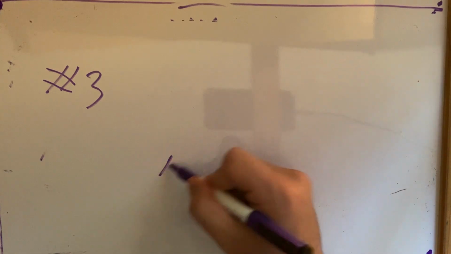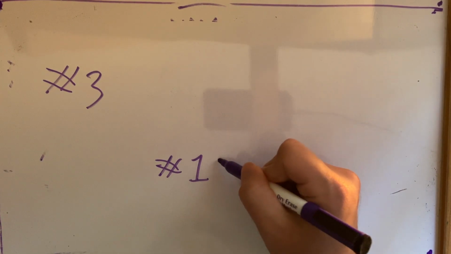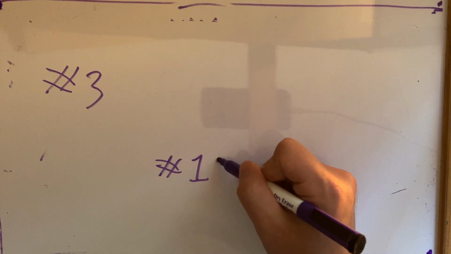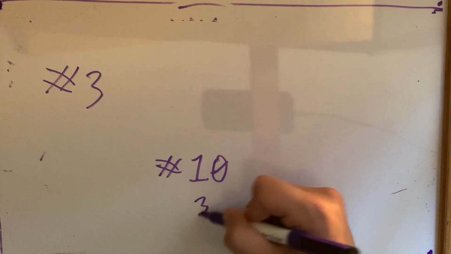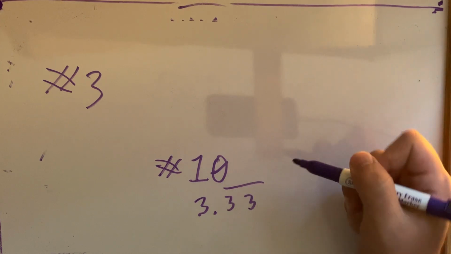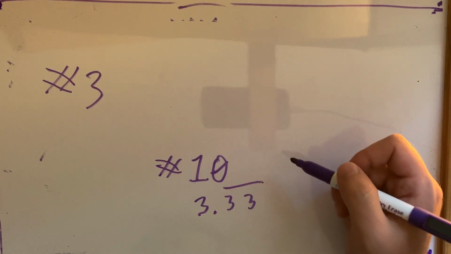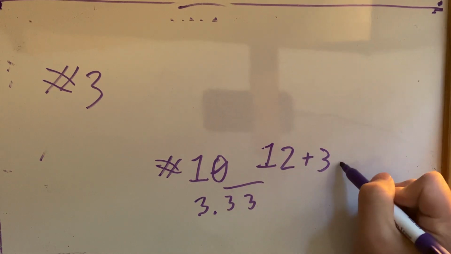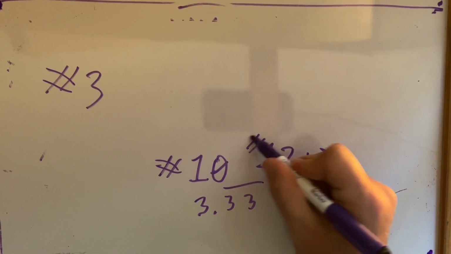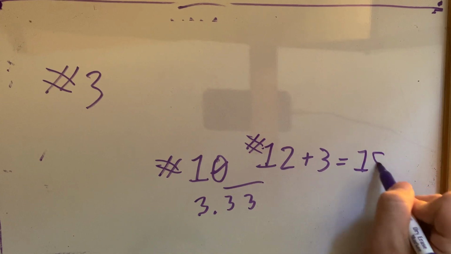But in base 10, 3 doesn't go into that number evenly. We get this weird infinite decimal thing. So we end up with 12 like that, and 12 plus 3 equals 15.